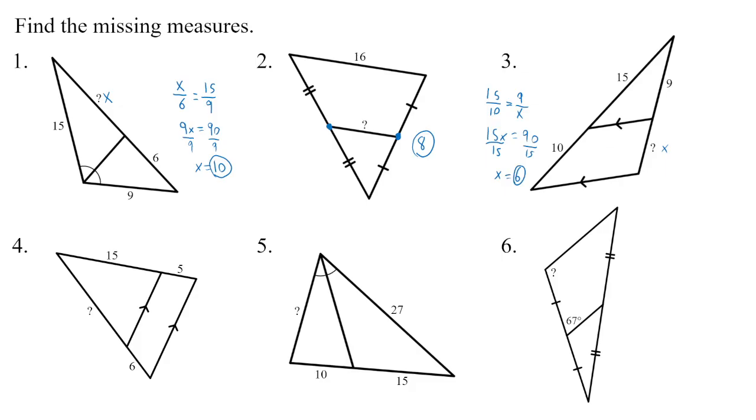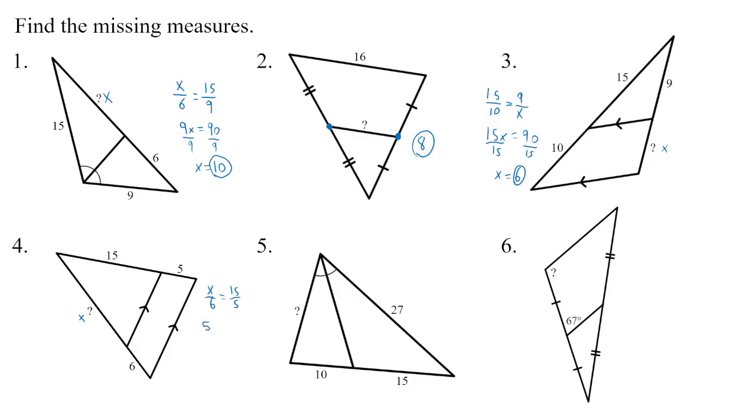All right, number 4. Again, we have an example of a line segment being parallel to one of the sides. So we apply the triangle proportionality theorem. So we're going to call this line segment x. So we have x over 6 equals 15 over 5.